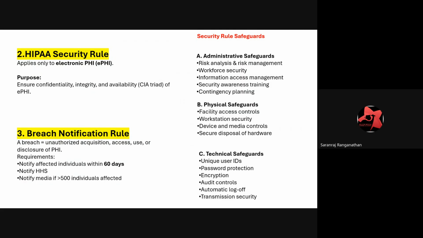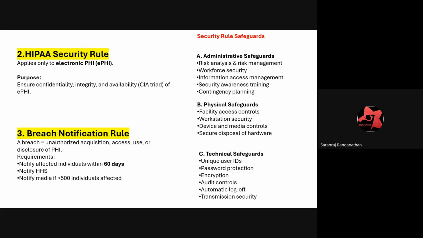We call it the CIA triad. Electronic protected health information, which is the patient information, needs to ensure these three in the healthcare organization: confidentiality, integrity, and availability. That is very important. If you don't maintain that, automatically we will end up in trouble.